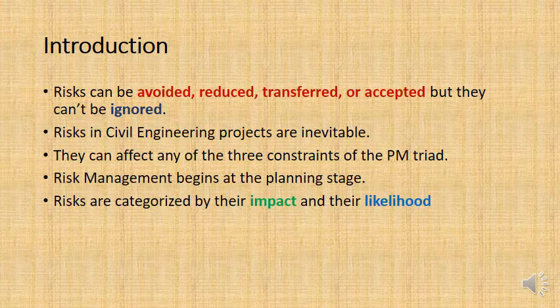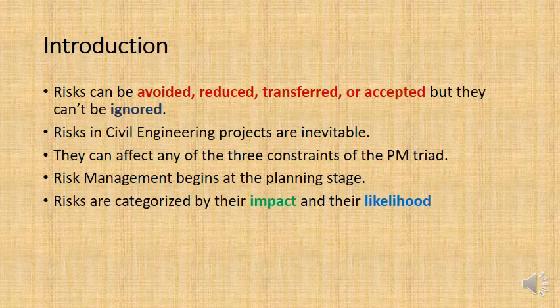So likelihood or probability is basically the probability that something will happen, that a risk will occur. And the impact is basically the weight of cost to the project. And that cost could be in poor quality, it could be in monetary cost, or it could be in time delay.